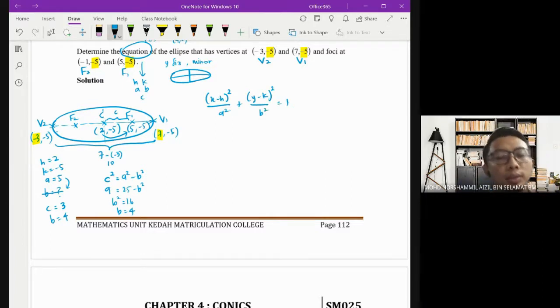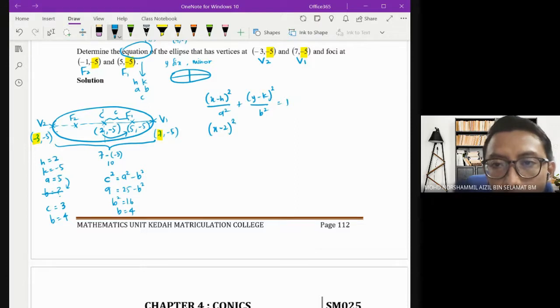Mesti apa, X ni mesti dengan H A. Y tu mesti dengan K B. So then simply substitute X minus 2 square divided by A square is 25 plus Y, K is minus 5, so plus 5 altogether square divided by B kita 4, so 16 sama dengan 1. So this is the answer. Is that okay?